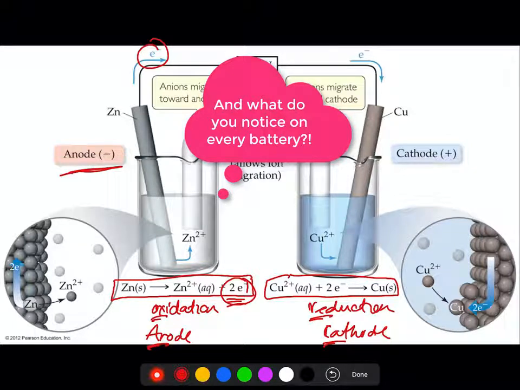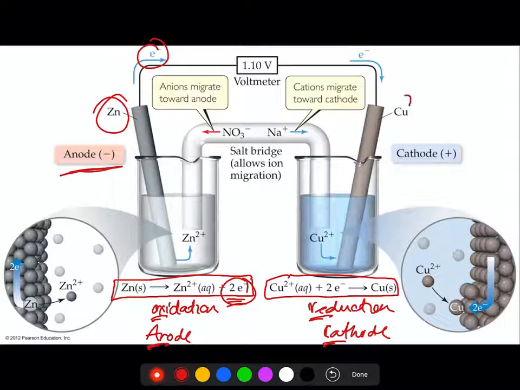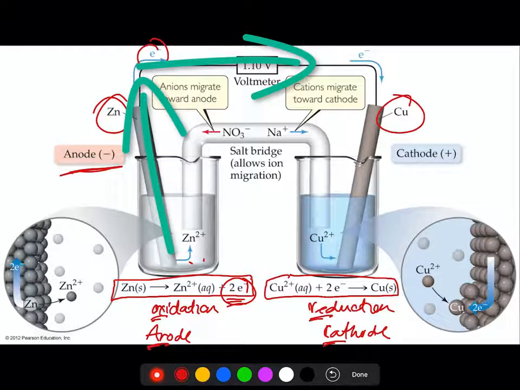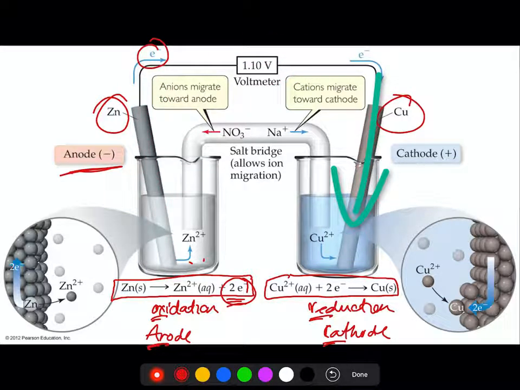Here we have our zinc electrode and our copper electrode. Zinc becomes oxidized, and those electrons travel up the zinc electrode through the wire into the copper electrode, and then here we get our reduction process. Like your book says, these electrodes don't have to participate in the reaction.